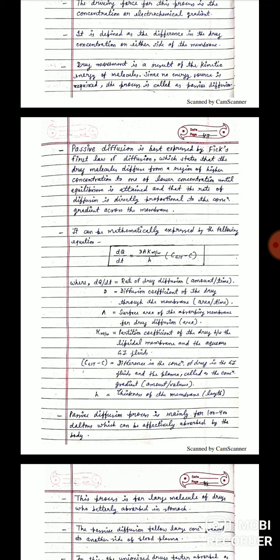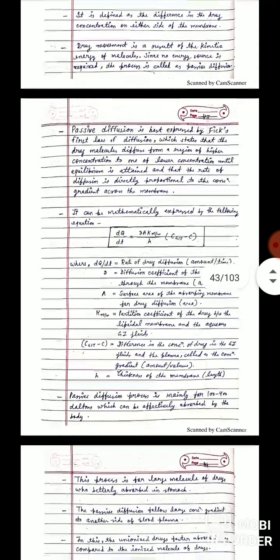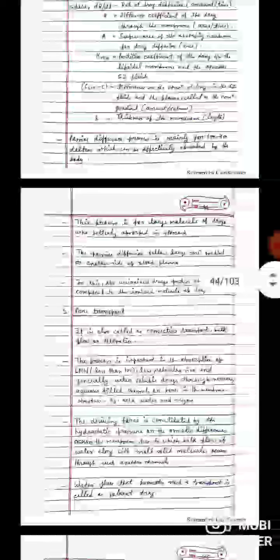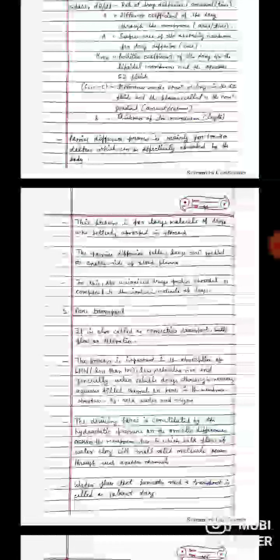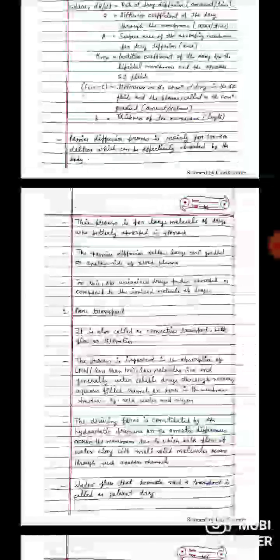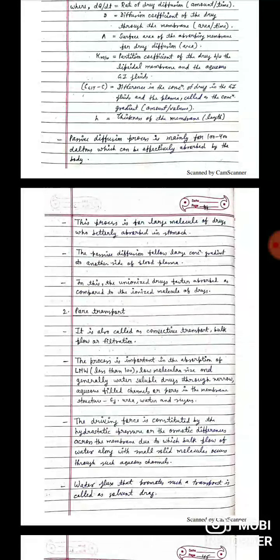CGIT minus C is the difference in the concentration of drug, where CGIT represents the GI fluids and C represents the plasma. That is known as the concentration gradient. H is the membrane thickness. Nearly 90% of drugs are absorbed by passive diffusion.